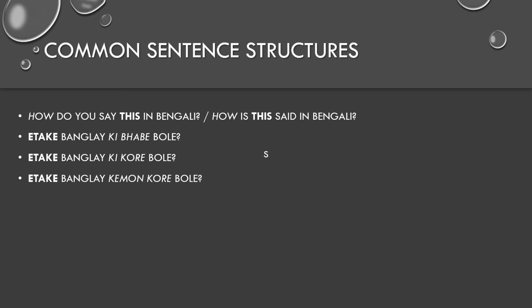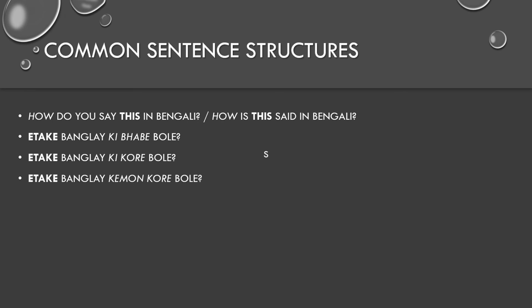So এটাকে বাংলায় কিভাবে বলে, কিভাবে is used for how, or you can say এটাকে বাংলায় কি করে বলে. Kora is the Bengali for to do. We haven't learned this, but we will cover this in much greater detail later. But this is a structure which you can use. এটাকে বাংলায় কিভাবে বলে, এটাকে বাংলায় কি করে বলে, or এটাকে বাংলায় কেমন করে বলে.